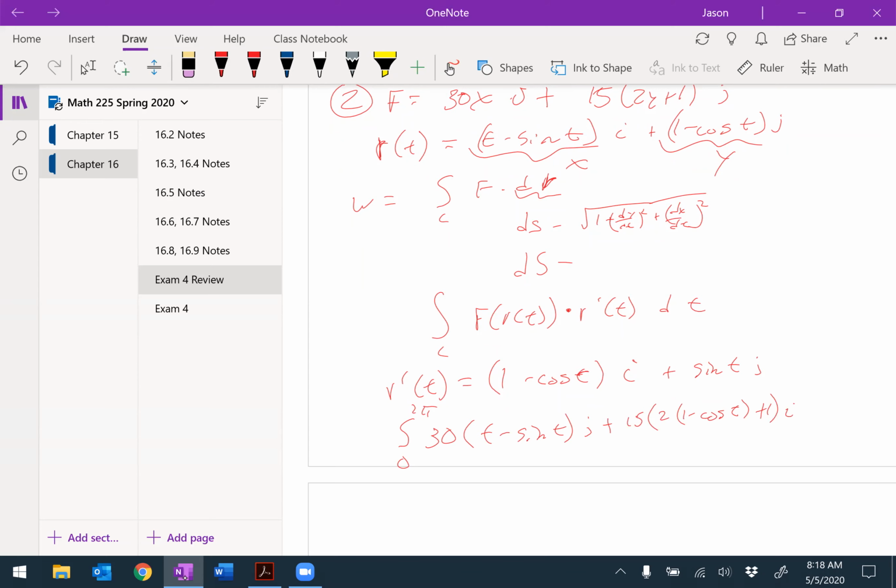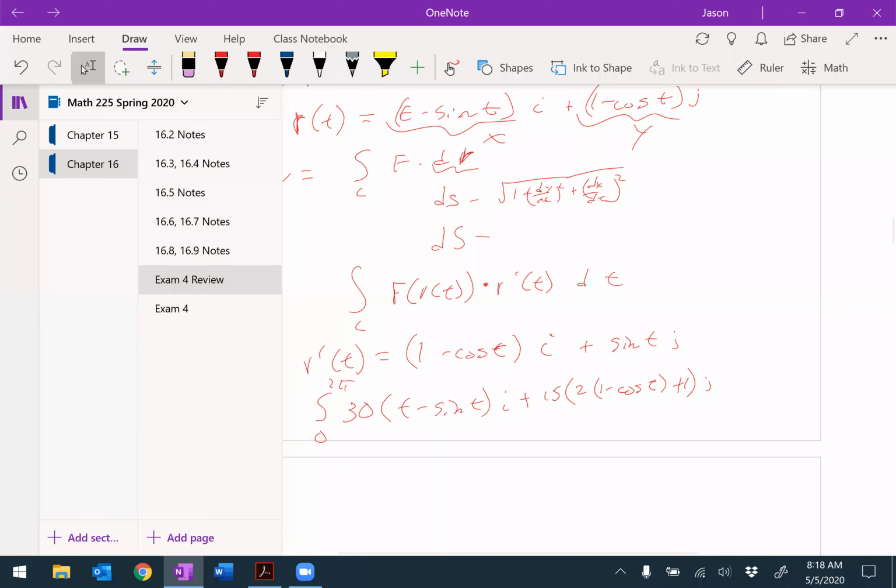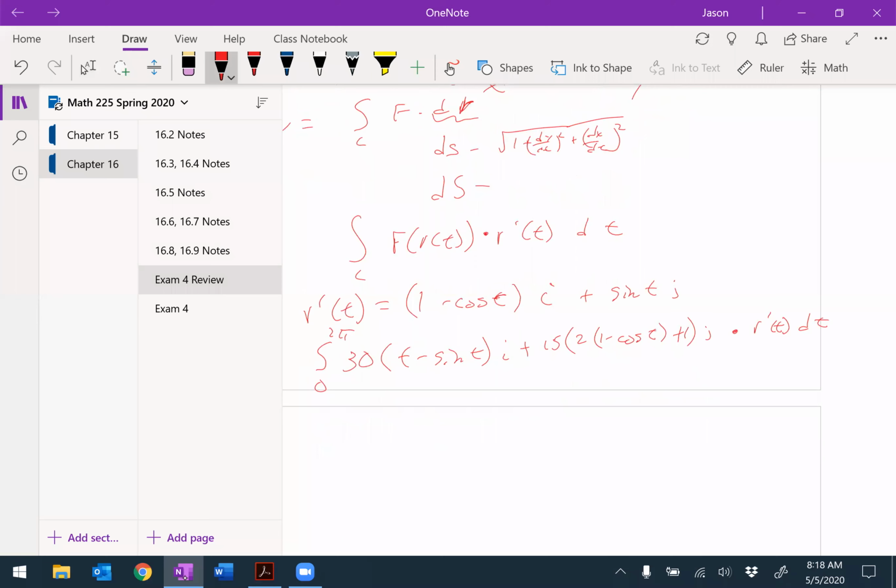Sorry, I don't know why I'm messing that up. This should be an i, and that should be a j. Then I'm going to dot this with r prime of t. I'm not going to write the whole thing, I'm just going to write r prime of t here, dt, because I'm going to dot this thing with the thing above it.